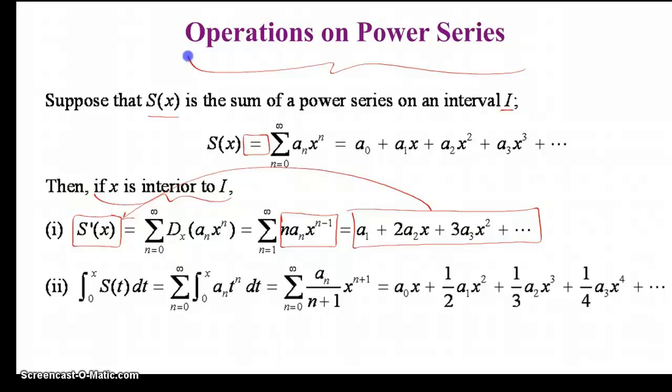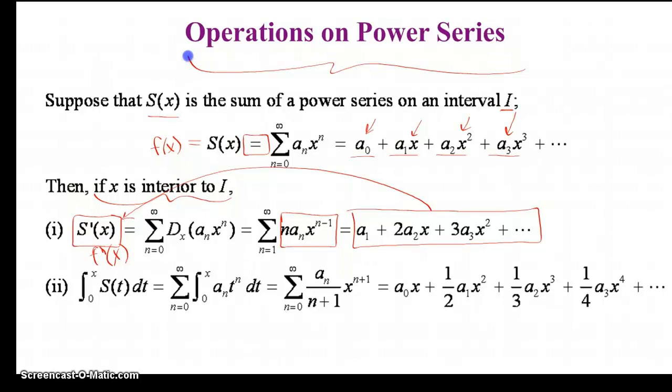So since S of x is a function that is the sum of that power series, if we take the derivative of our function, we can do it term by term, whatever the terms are in that power series. We just use the power rule for differentiation on every term.